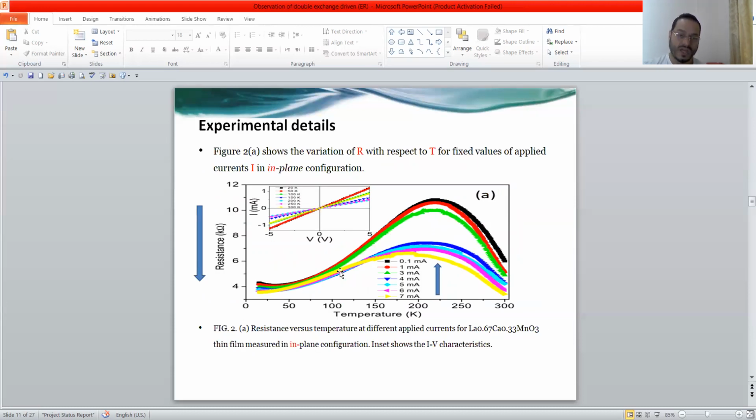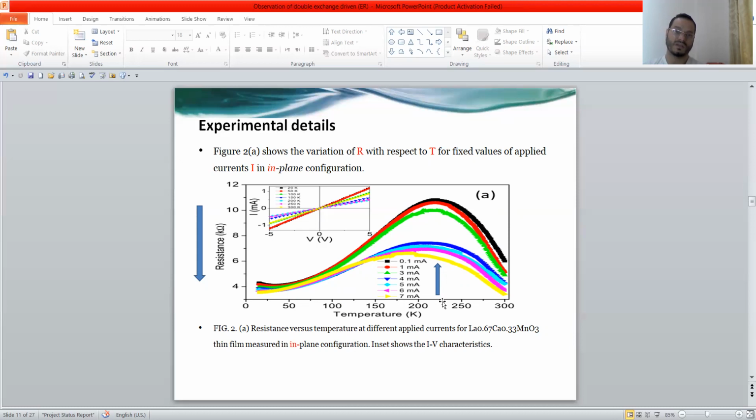At figure number 2, we have two important axes: the temperature in Kelvin on the x-axis and the resistance in kilo ohm on the y-axis. Now we will see the relation between them and what this curve illustrates.